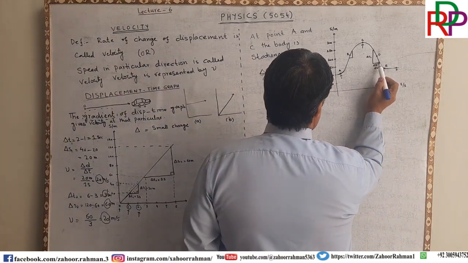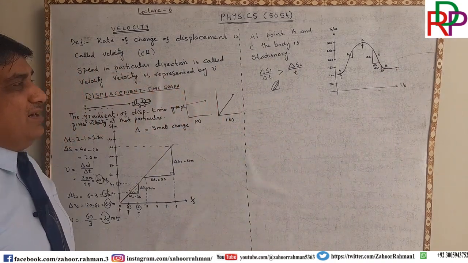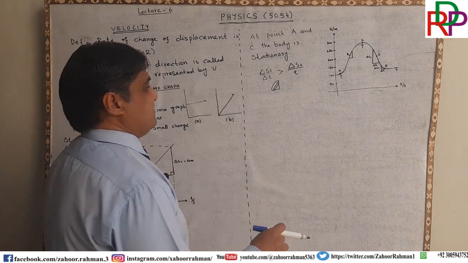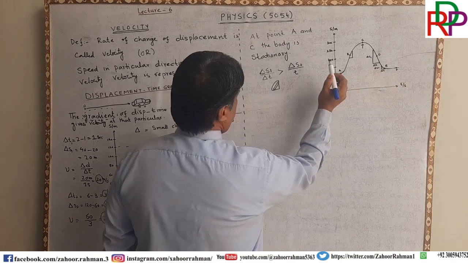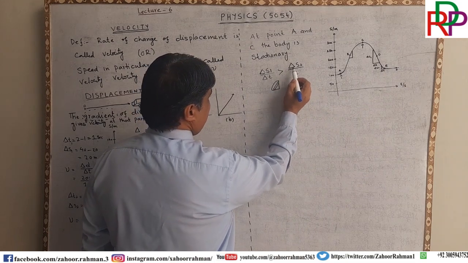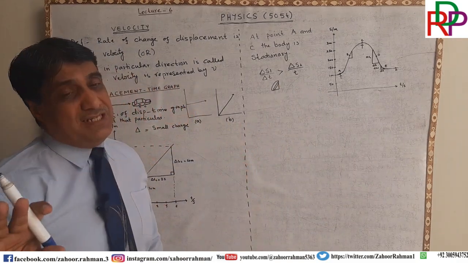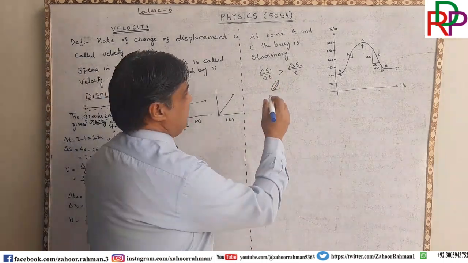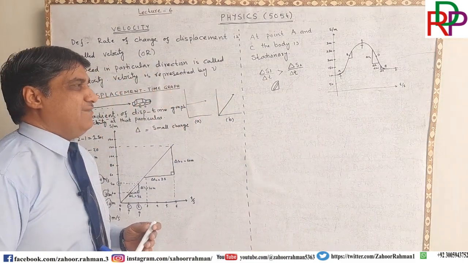And if there is a large triangle, so this is the small one and this is the large triangle, it means delta S1 divided by delta T is greater than delta S2 divided by T for the same interval of time. This is because delta T must be the same for the same interval of time.